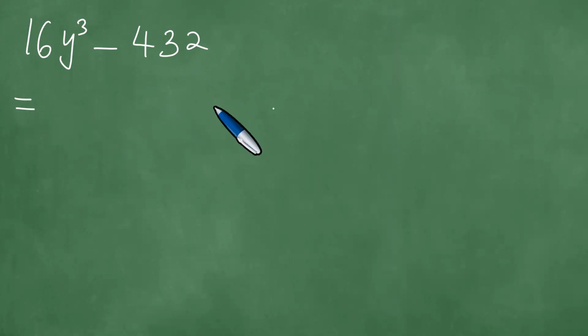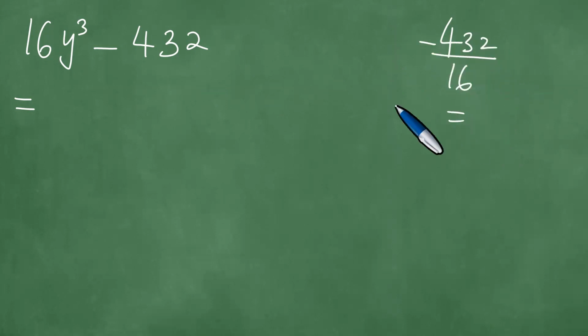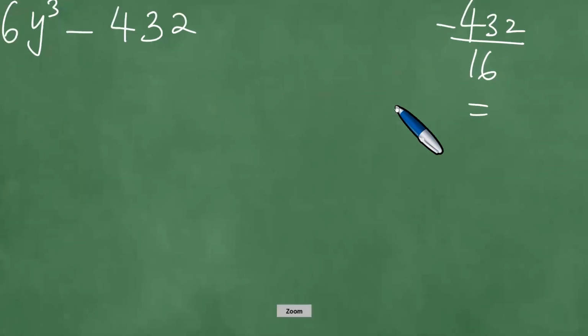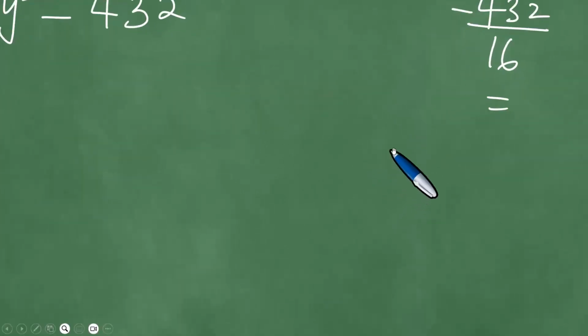Okay, that's fine. Right, first you need to try and divide by the coefficient of this, so you need to pull these out here. If you take 432, leave out this sign, and divide 432 by 16, you get 27, negative 27.